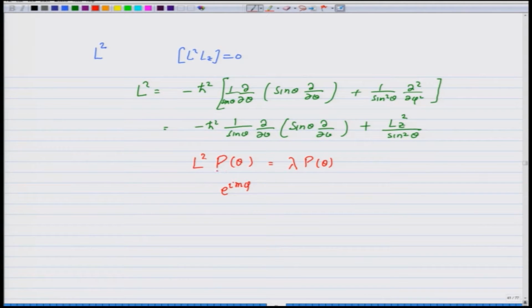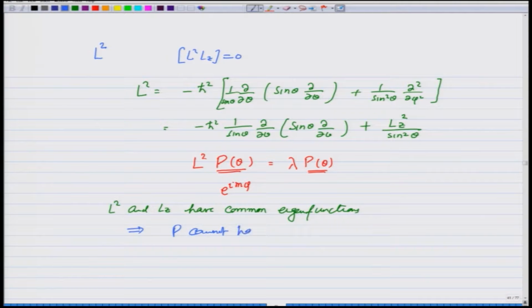So, this P would depend only on theta. This is because L square and Lz have common eigenfunctions, so this implies immediately that P cannot have any phi dependence.